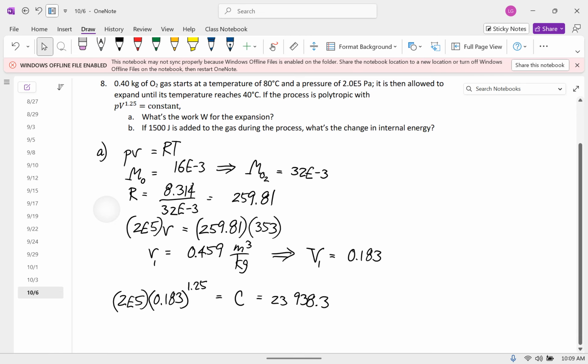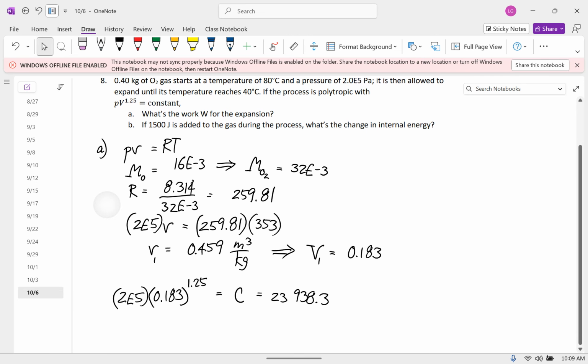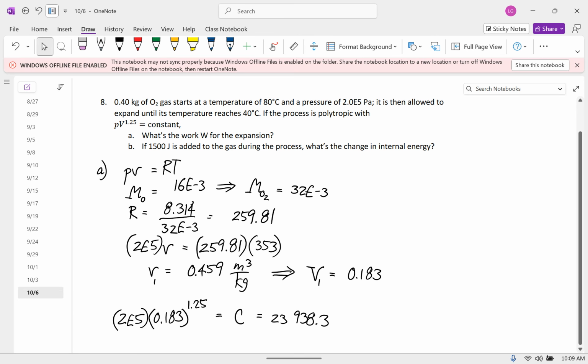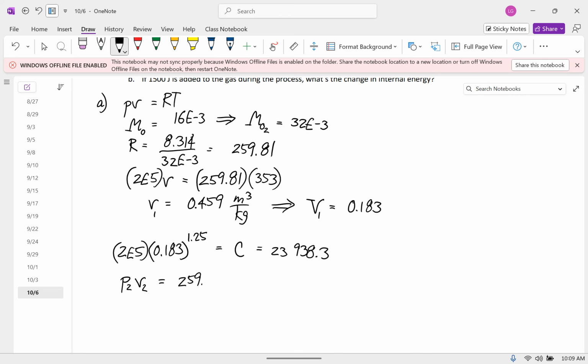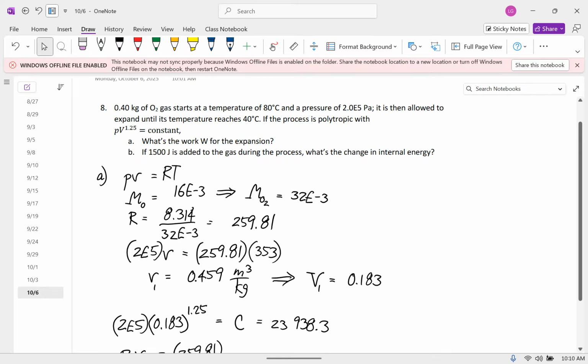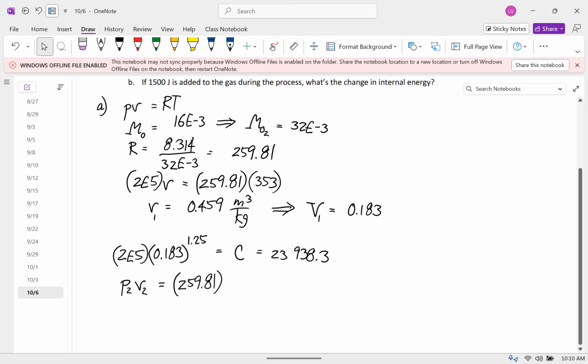So we have a final temperature of 40. Let's see what we know. We don't know the volume. So we know that P2 V2 is equal to 259.81 times the temperature, which is 313.